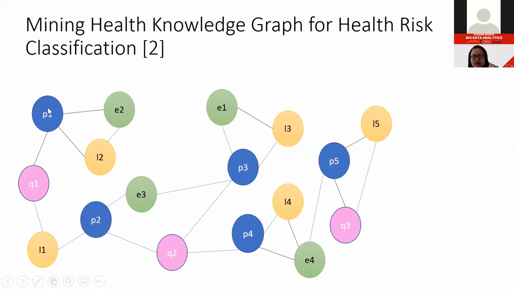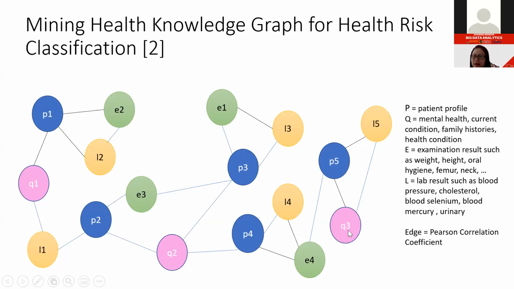Heterogeneous means we have some varieties of nodes, where the various kinds of nodes such as P, patient profile, related to the information of mental health, current condition, family histories, and so on.